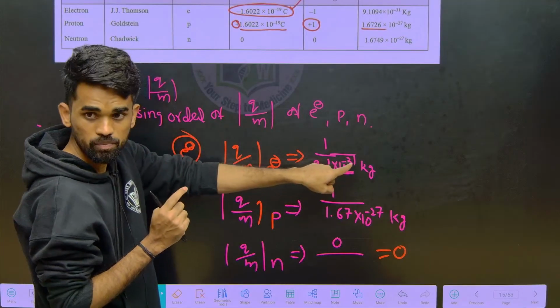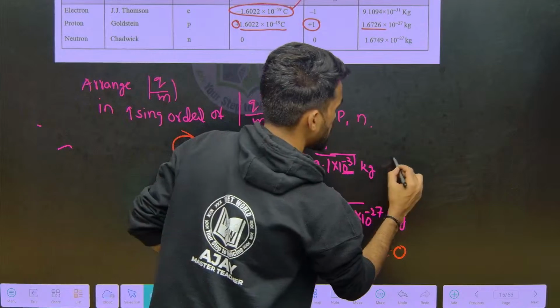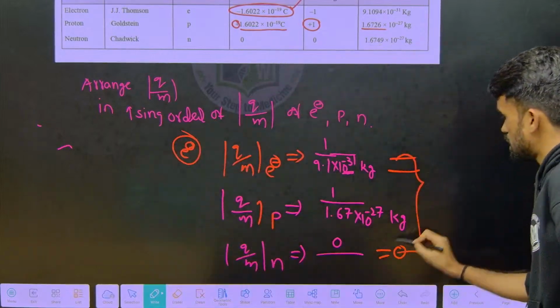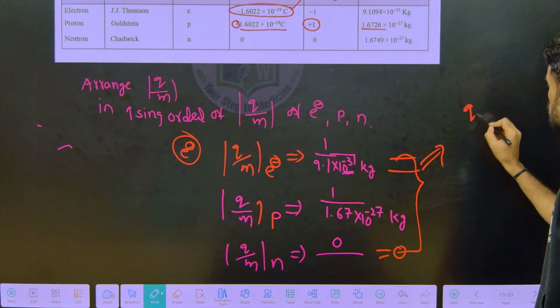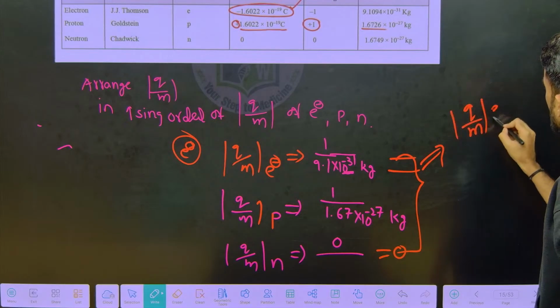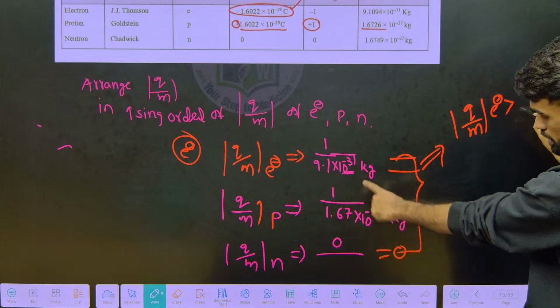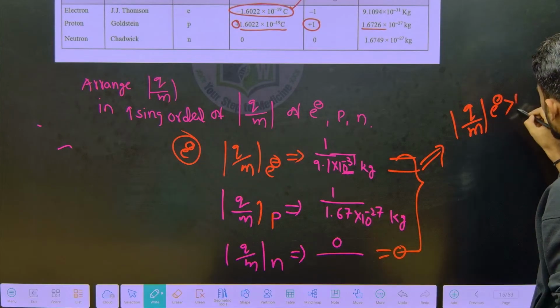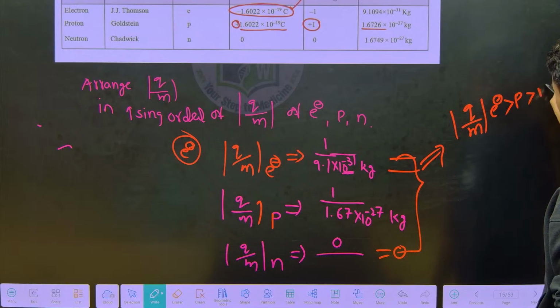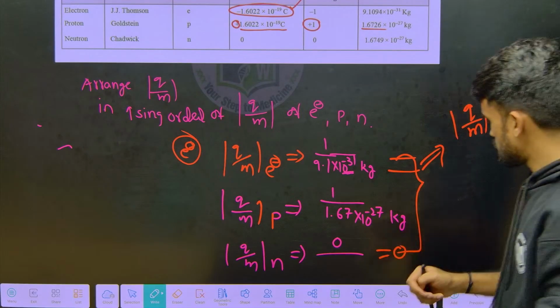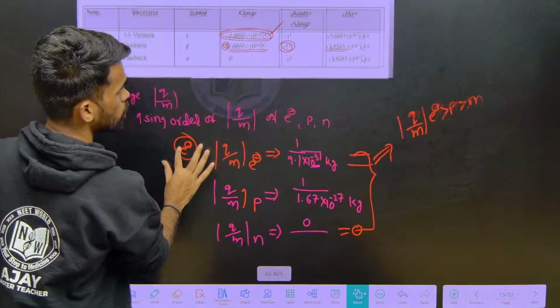The denominator is small now, yes or no? So what is the order from this information? We got the charge to mass ratio of the electron greatest, then the proton, and the least is the neutron. Clear? This is the thing you can note out of this.